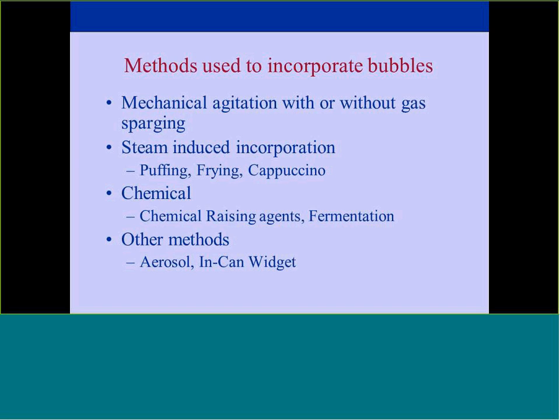And you have a whisk. It's like a cage whisk. I'll show you a photograph in a minute. But with these cage whisks, you can whip the batter, and then, of course, you can put it in a mold or whatever and then bake it. Mechanical agitation is the most common method used to create addition of gas bubbles in a batter.